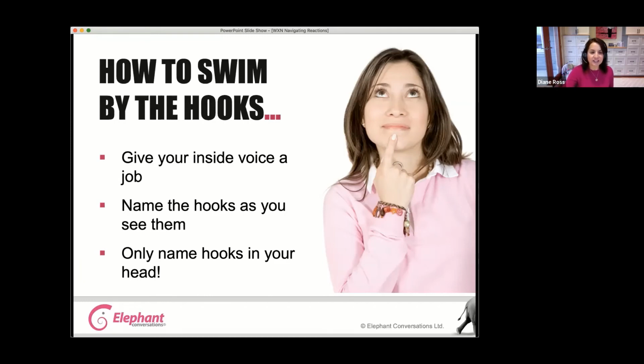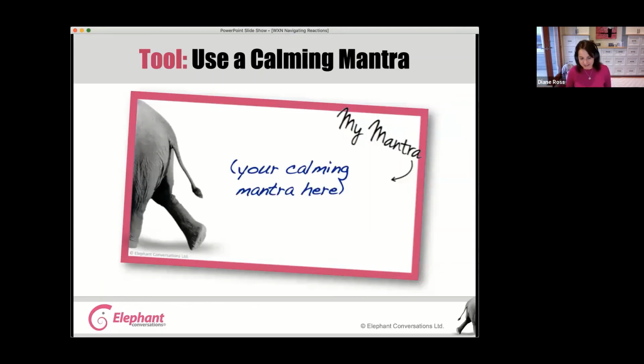Okay, let's go on to the next tool. Viktor Frankl, thank you very much. Has anybody read Man's Search for Meaning? If not, you've probably heard of Viktor Frankl. He was a very famous psychiatrist who was in, I believe, Auschwitz and another concentration camp, and he wrote a book afterwards about how he managed that horrific situation.